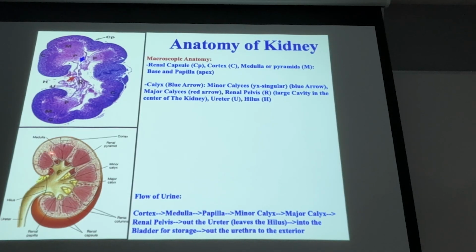So you don't have blood vessels or tubes penetrating the kidney all over the place. The arteries, veins, ureters, nerves, everything enters and leaves through that medial hilus. So those are all the pieces, and this is urine flow.